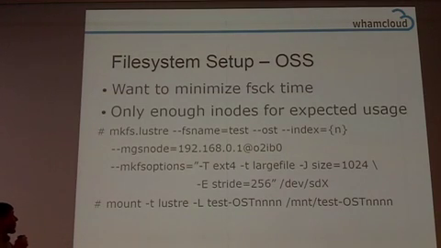Pretty much the same on the OSS. One thing that we can't do ourselves, because we have to ship a default configuration that works for everybody, is this: if you know that your file size is going to be large, you really want to create only enough inodes on the file system for what you're actually going to be using. So if you know you have 1 megabyte or 4 megabyte or 20 megabyte average file size, you can really speed up your FS check time.